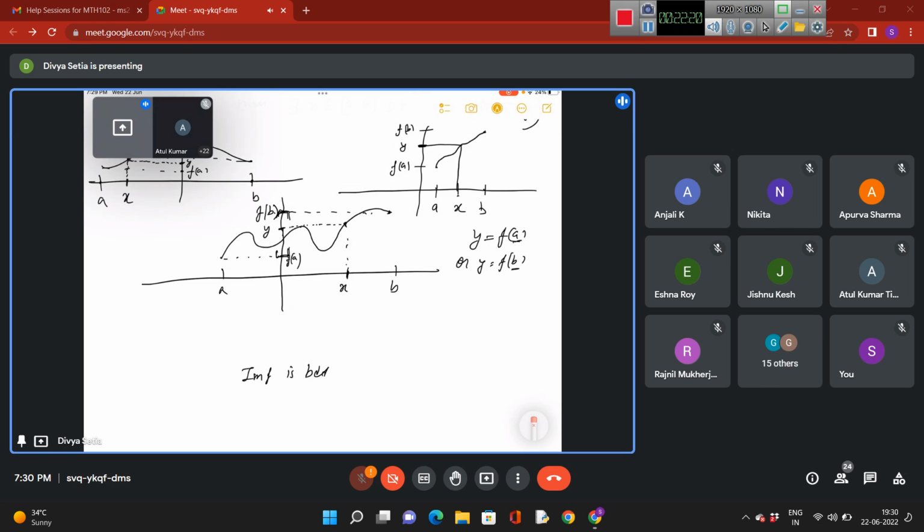But the thing is, the first theorem will not conclude such a statement. Why? Because the first theorem just says that the image set is a bounded set. The image set is bounded, but it can be of this form, [c, d] union [e, f], right? This is also a bounded set.